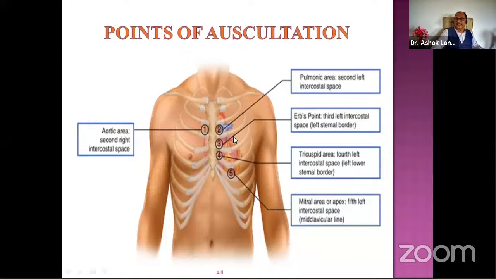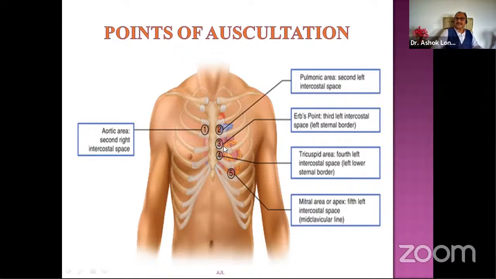Why? It is the pulmonic area. See, opposite to the aortic area, there is the pulmonary area. From here, the pulmonary trunk bifurcates. So here you can get the sound of the pulmonary valves. Here you get the good sound of the aortic valves. And the third and fourth, here our point is there.